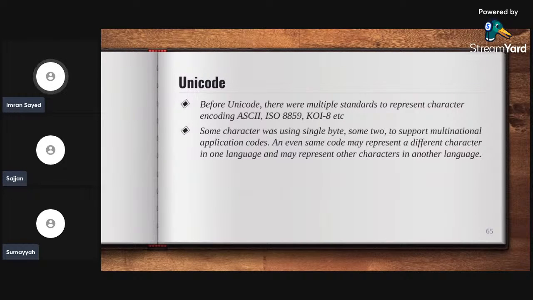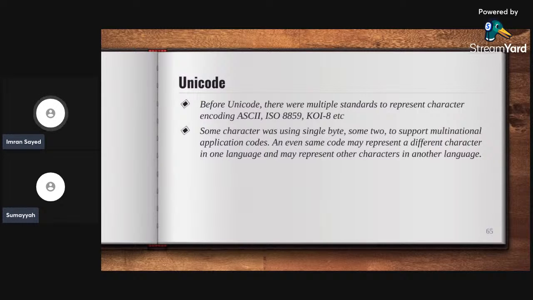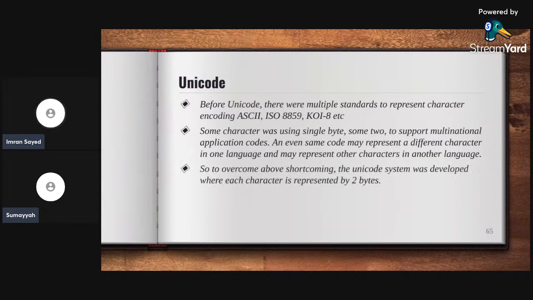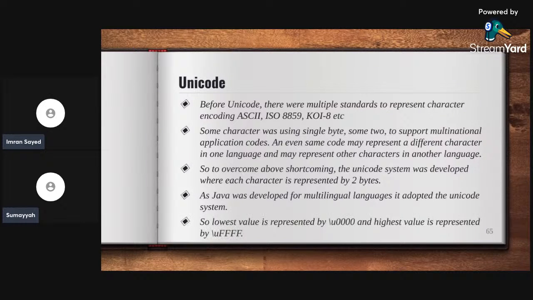And even the same code may represent a different character in one language and another character in another language. So to overcome the above shortcomings, the Unicode system was developed, where each character is represented by 2 bytes. As Java was developed for multilingual use, it adopted the Unicode system. So the lowest value is represented by \u0000, and the highest value is represented by \uFFFF.